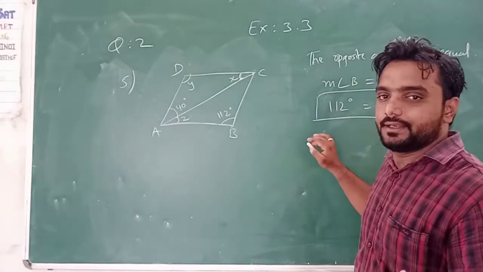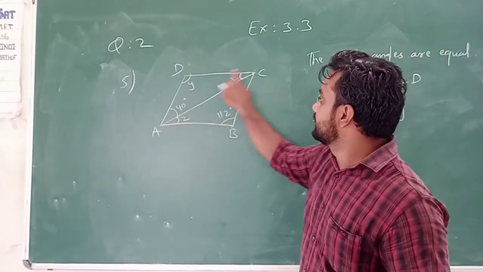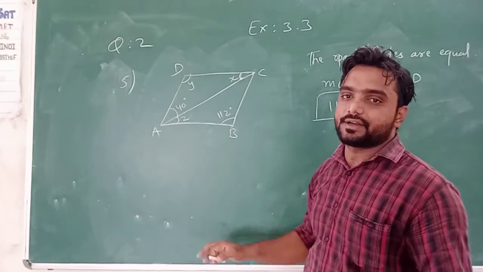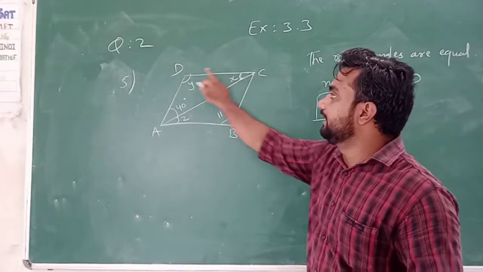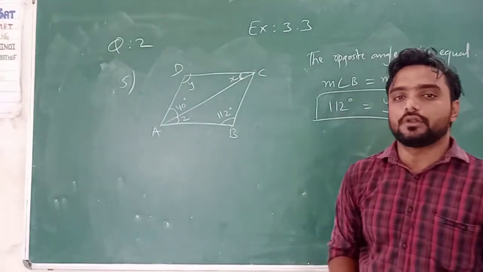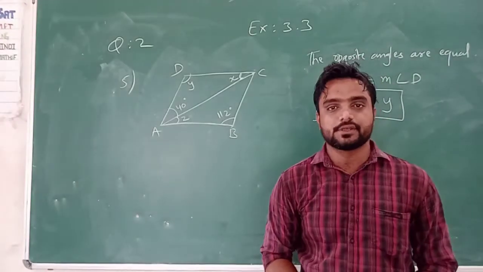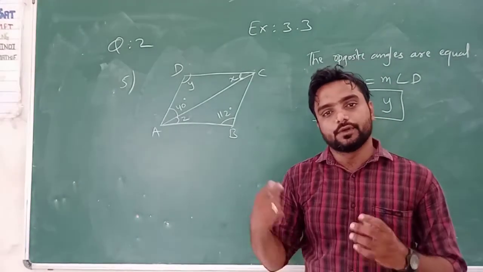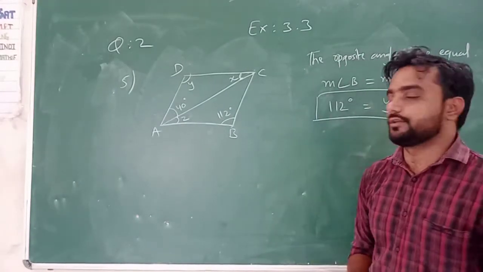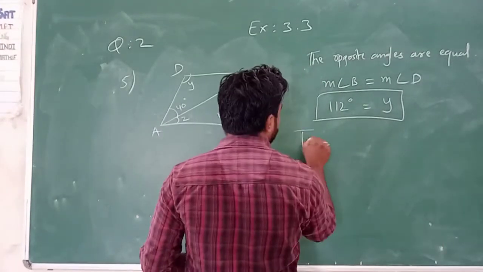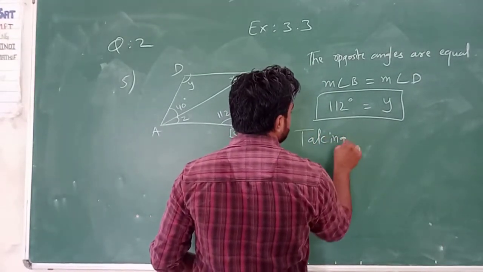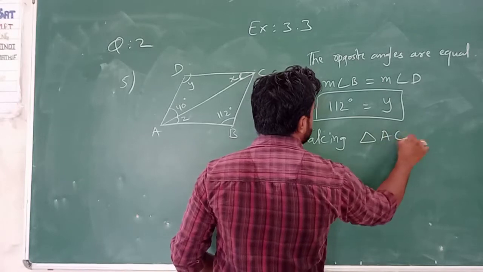Suppose I am taking the triangle ACD. अगर मैं triangle लेता हूँ ACD, so according to the sum of all the angles of a triangle, that is equal to how much? 180 degree. तो वही method use करूँगा. Understand or not? So let me take triangle ACD.